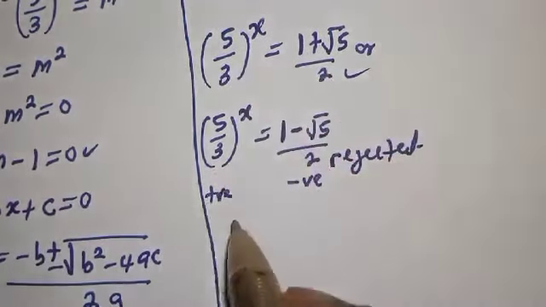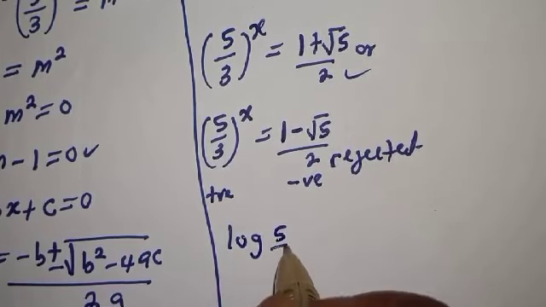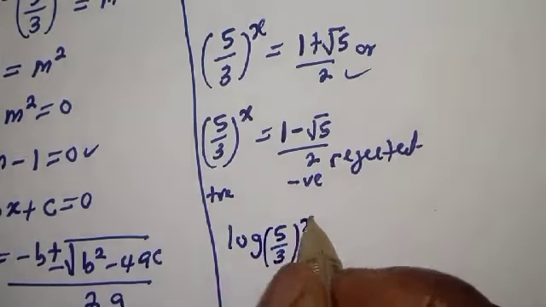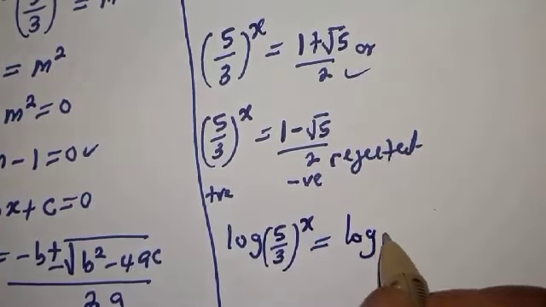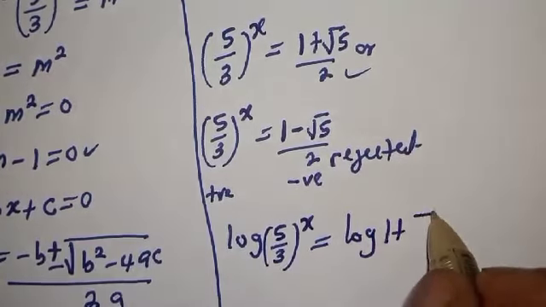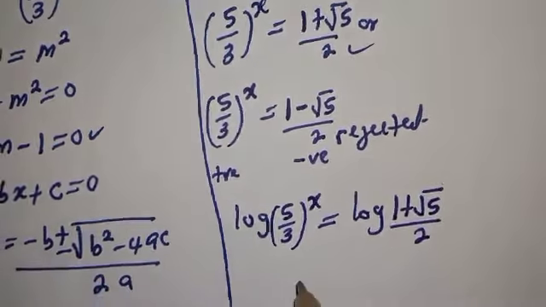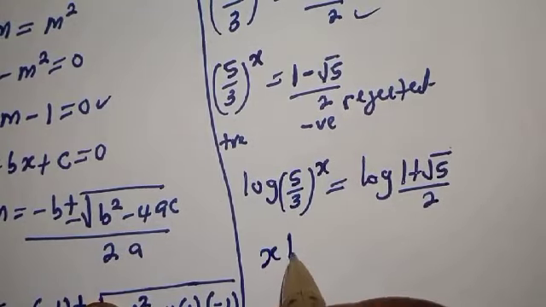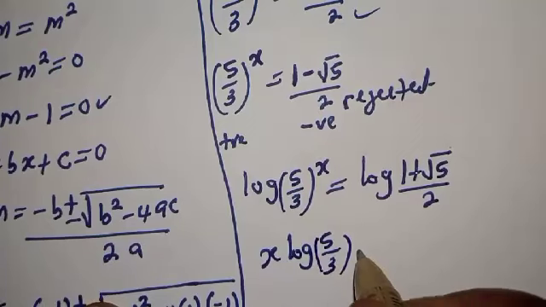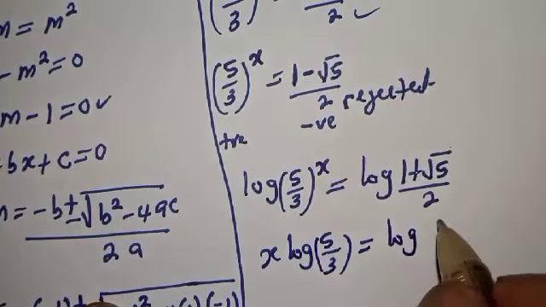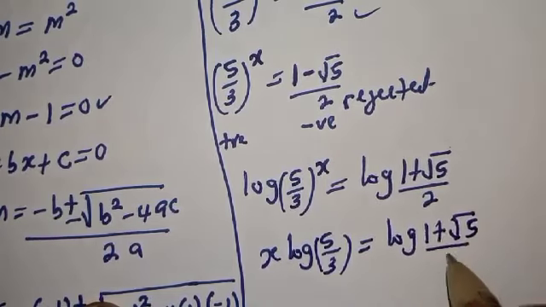From here, let's take the log of both sides. Log 5 over 3 to the power of s is equal to log 1 plus root 5 over 2. Then s log 5 over 3 is equal to log 1 plus root 5 over 2.